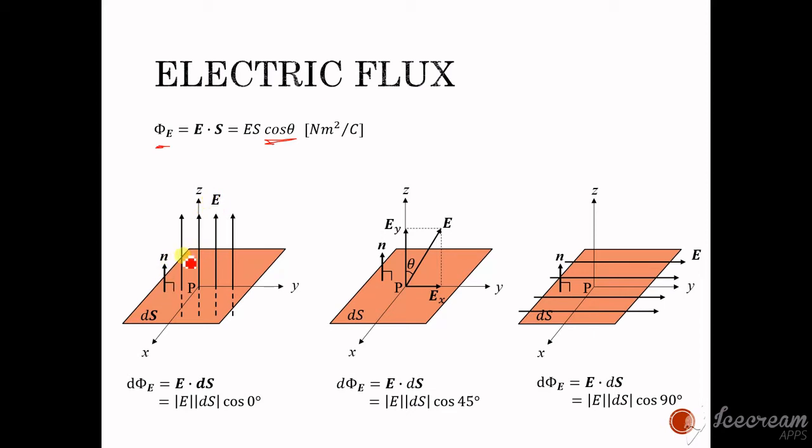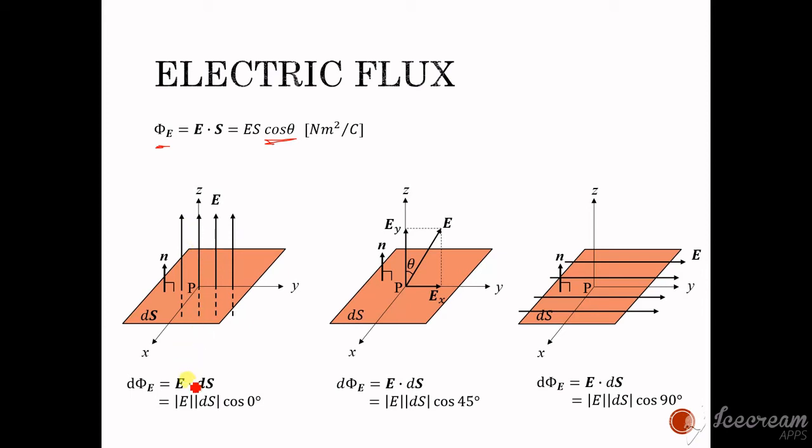For the first one, I have the surface in this xy plane, and this will be our surface ds. The vector for this is defined by the normal direction, or 90 degrees from the surface itself. So this gives us the direction of the vector ds. And the electric field is in the z direction.